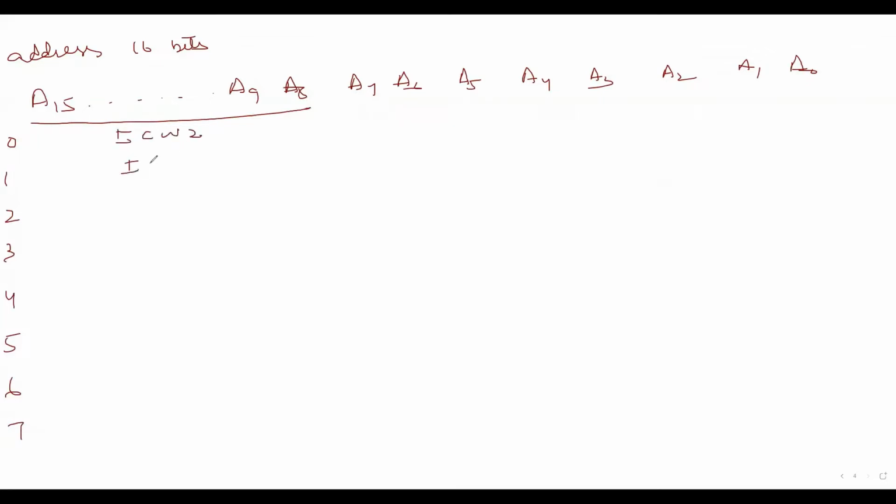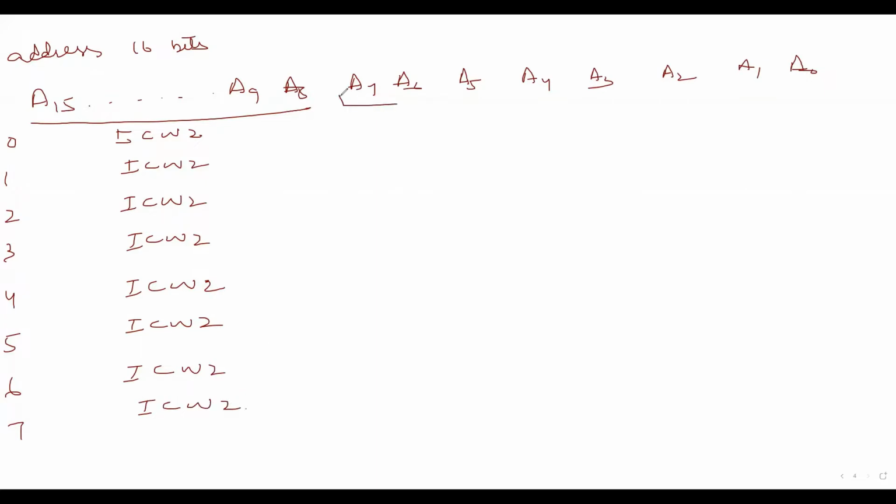So for all the interrupts, these 8 bits are taken from ICW2; all the interrupts have the same 8 bits. Then these three bits, A5, A6, and A7, will be taken from ICW1.